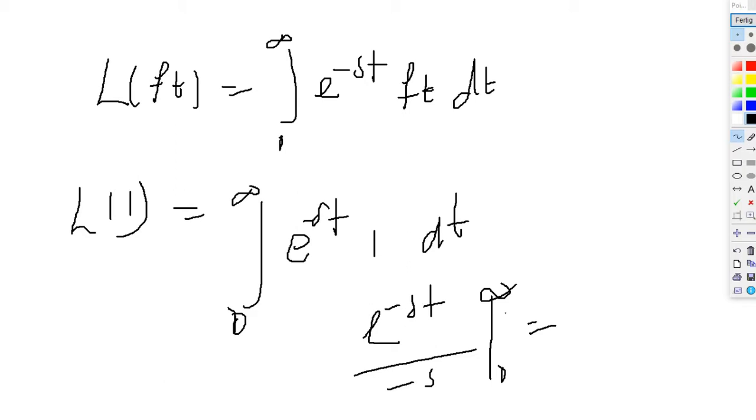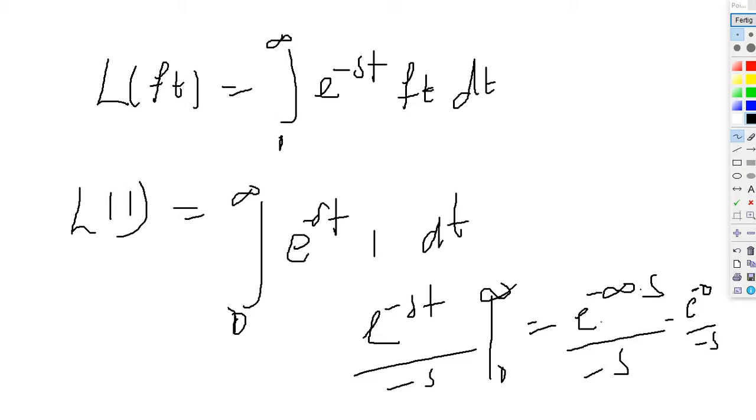Putting in the limits, we get e to the power minus infinity divided by minus s, minus e to the power minus 0 divided by minus s.